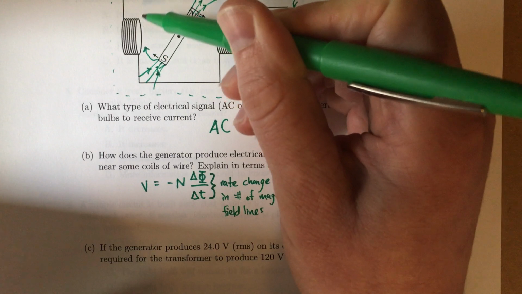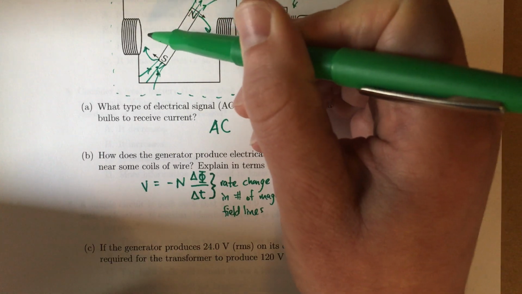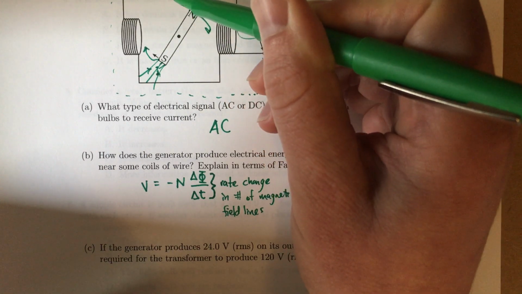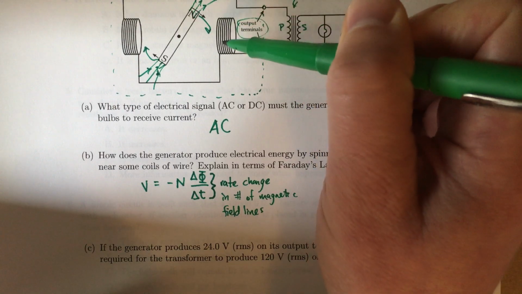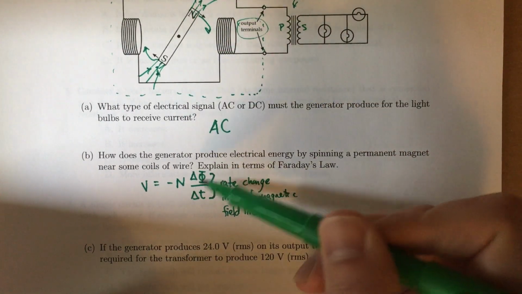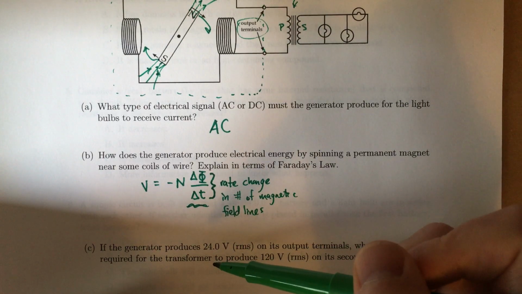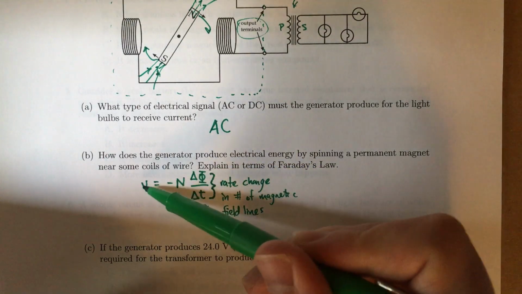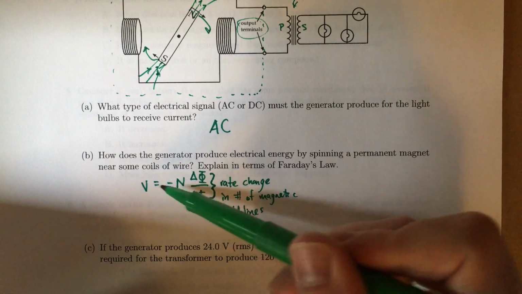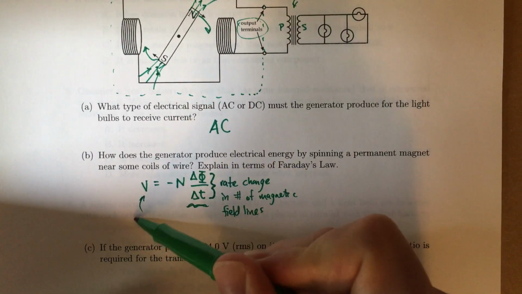And then once it rotates past and back around, you're going to be decreasing the number of field lines, and it comes all the way back around. You'll increase the number of field lines, but that is constantly changing. And so we know that we should induce a voltage from Faraday's law.